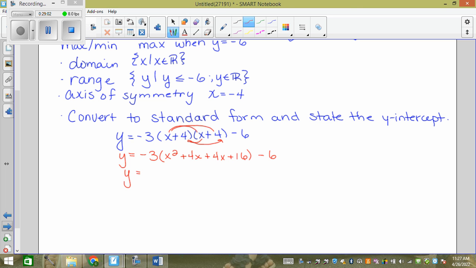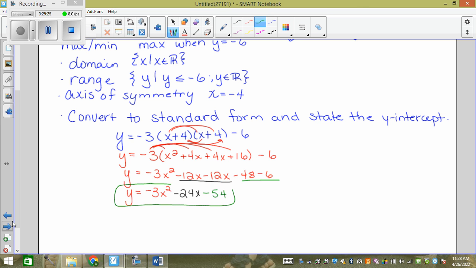So y equals, and then distribute, -3x squared minus 12x minus 12x minus 48 minus 6. Collect like terms, -3x squared minus 24x minus 54. What's my y-intercept at? The constant. 0, -54.